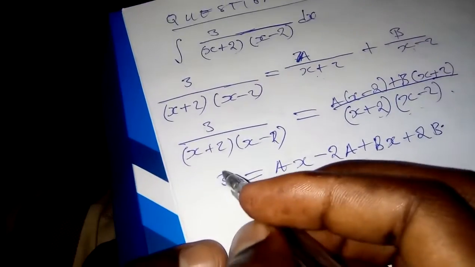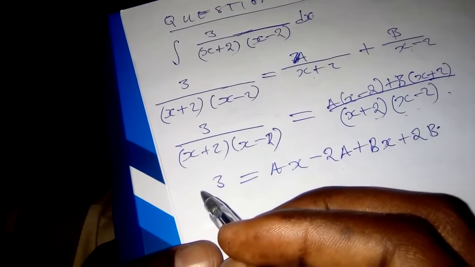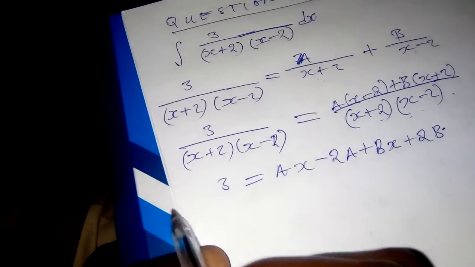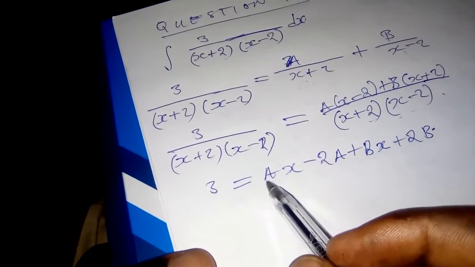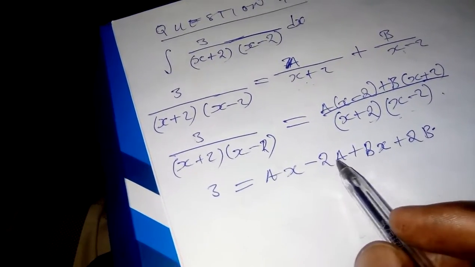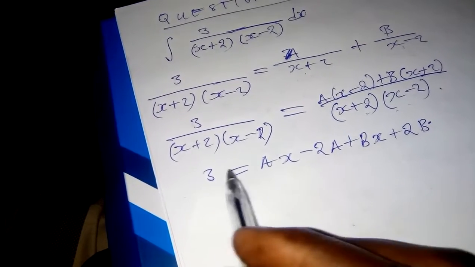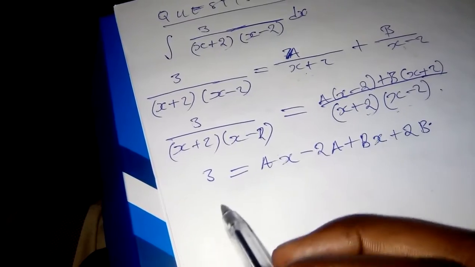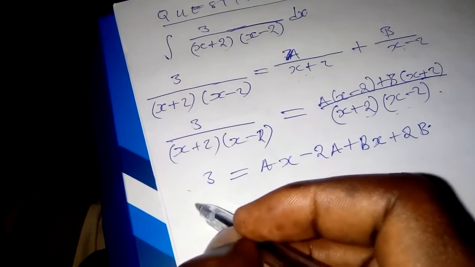So in short, I'm going to get the coefficients of x this side and equate them to the coefficients of x on the other side of the equal sign. And then I'm also going to get the constants this side and equate them to the constants that side. The coefficient of x this side we don't have, so I'll write 0.